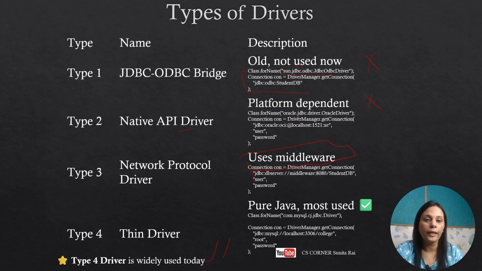Now, if you want to connect to Oracle database, then you require the driver for Oracle database, and you can see here inside this Class.forName, we are writing this database name. And network protocol driver is using middleware, so you need to provide the middleware name and its port number, and user ID and password is required in every connection.